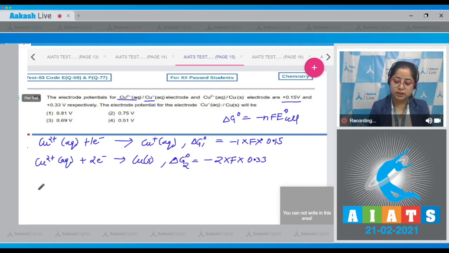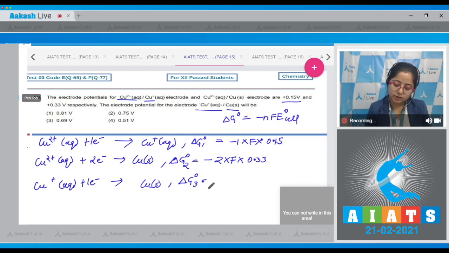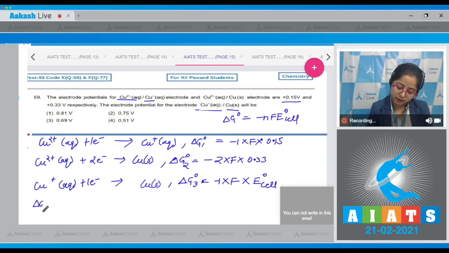Now students, here I'm writing the required reaction, that is the third reaction. So Cu+ aqueous will gain 1 electron to convert into Cu solid, and the value of delta G naught, I'm marking it as 3, is equal to minus 1 into F into E naught cell, and we have to calculate this E naught cell. Students, it is very clear that delta G naught 3 is equal to delta G naught 2 minus delta G naught 1. Let's put the values.